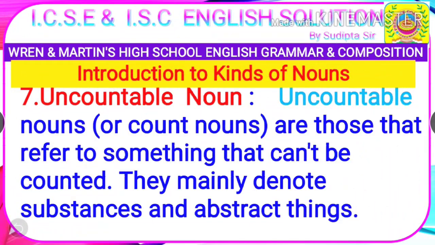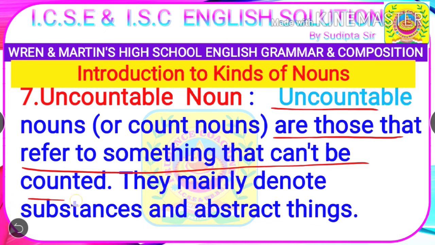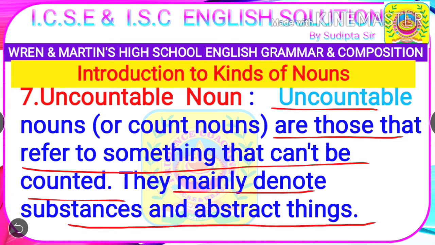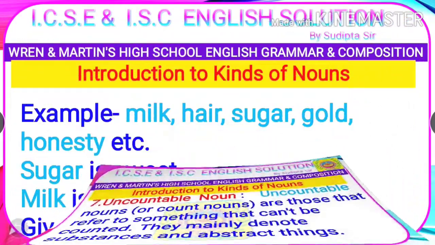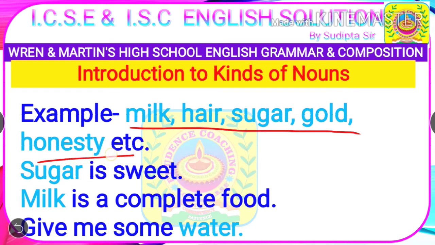Next it says about uncountable noun. Uncountable nouns are those that refer to something that cannot be counted. They mainly denote substances and abstract things. So uncountable noun means those things which are not possible to count. It is used like that: milk, hair, sugar, gold, honesty. It's not possible for us to count the number of hairs on our head.